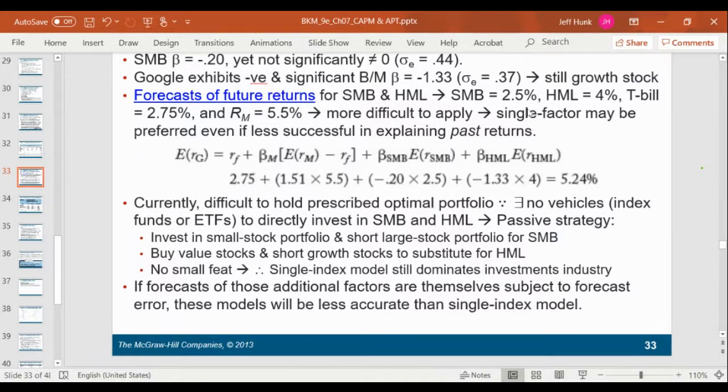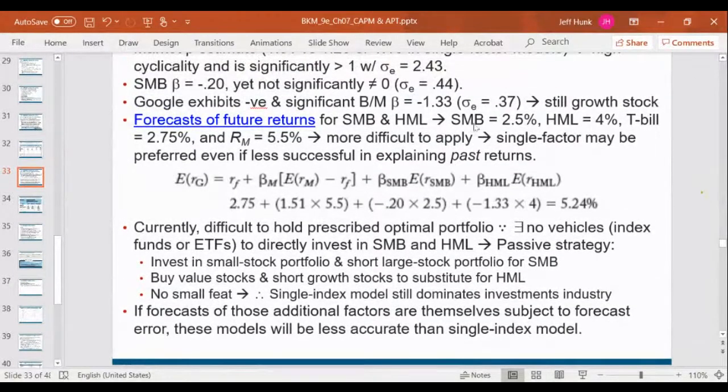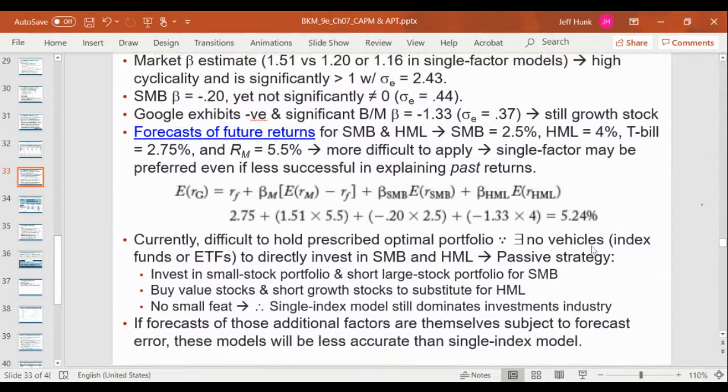But anyway, the small firm premium was 2.5, and the high book value to market value premium is 4%, and plugging that into this model, they arrived at this result.